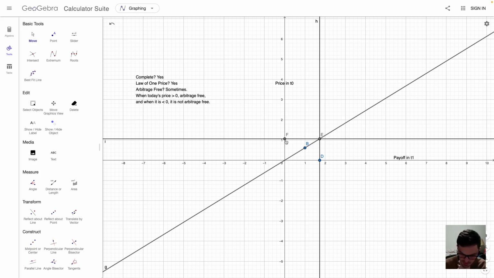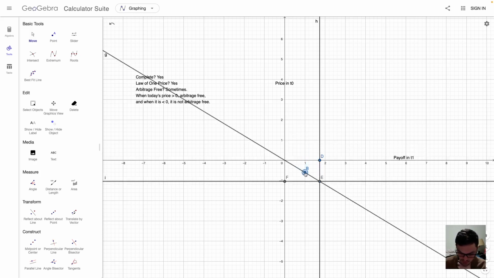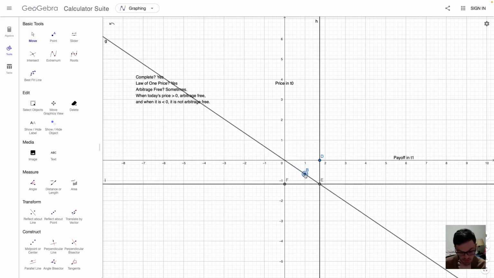So here we have an arbitrage free market and the law of one price holds, right? Because you have to pay some amount today, let's say $1, to get almost $2 tomorrow, right? So here we have the law of one price because we're a linear function, our y-intercept is 0, and the law of one price holds, and we are arbitrage free. But if we move this down here, now we are not arbitrage free.